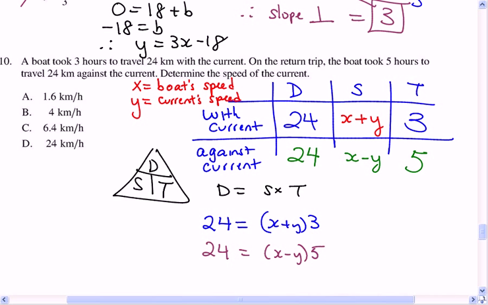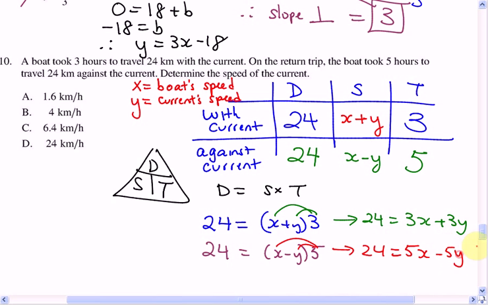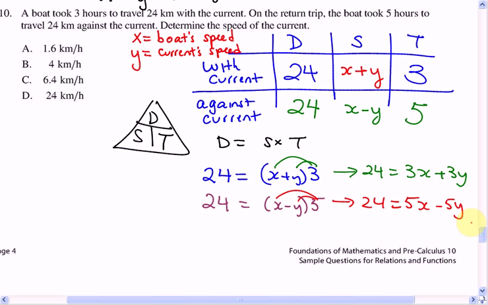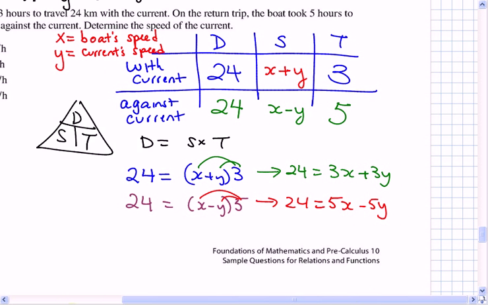If you don't like fractions, I guess you're distributing, so 24 equals 3x plus 3y, and then over here you've got 24 equals 5x minus 5y, and because we are solving for y, may I suggest we try to eliminate x.